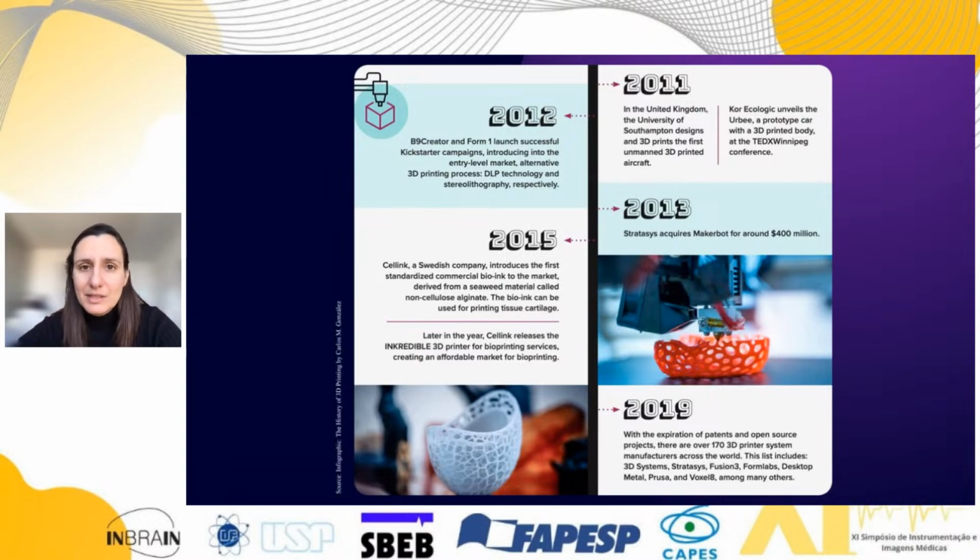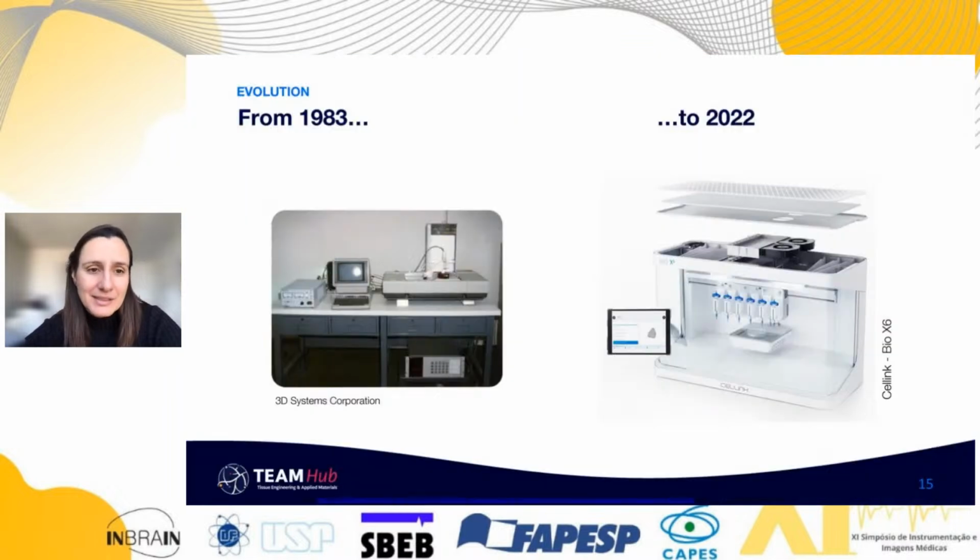So at that time, there was a big boom in the bioprinting road. And CellLink has been one of the pioneers. Now we have, I don't know, over 200 manufacturers producing bioprinters in one format or another. And again, that triggered another boom in research and technology development.